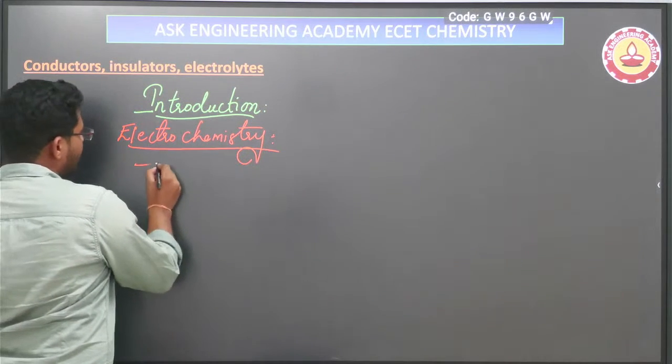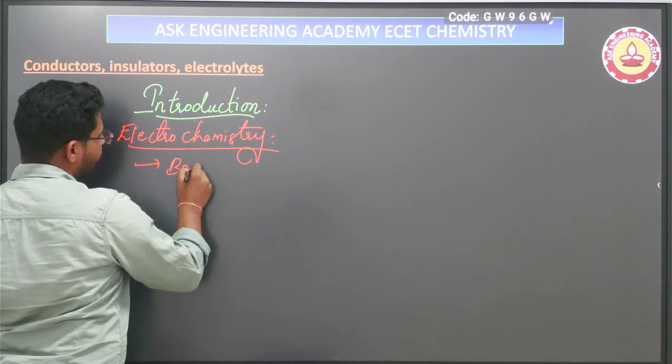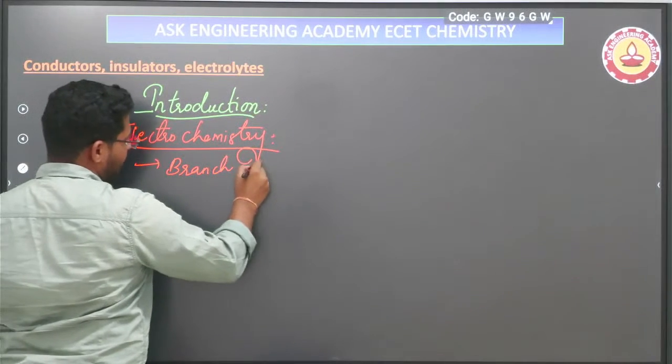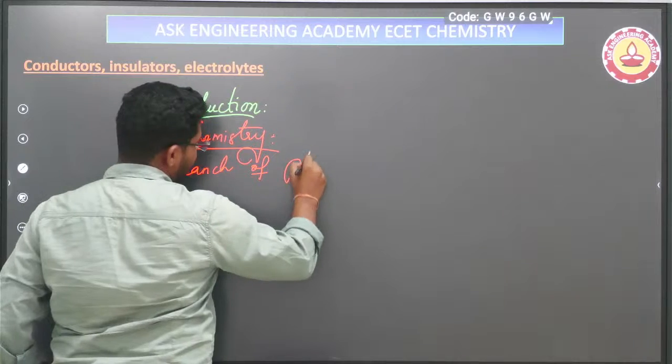So electrochemistry is a branch of physical chemistry.